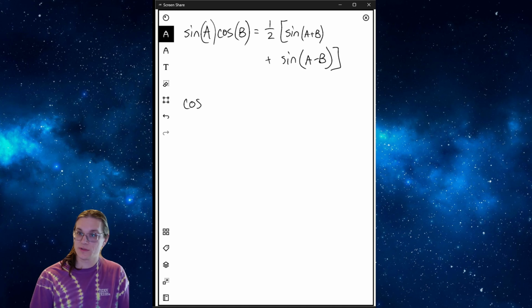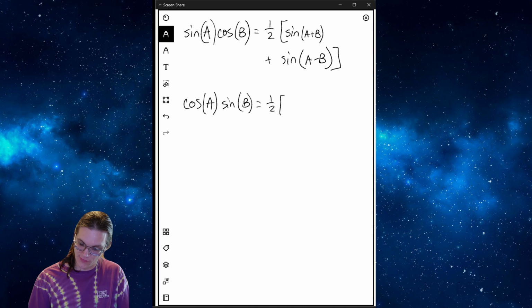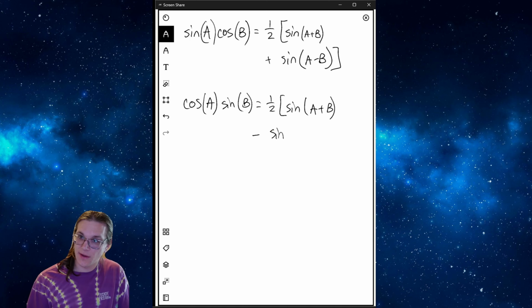And if you have cosine of the first angle times sine of that angle, well, that's 1/2 of sine of (a plus b) minus sine of (a minus b).